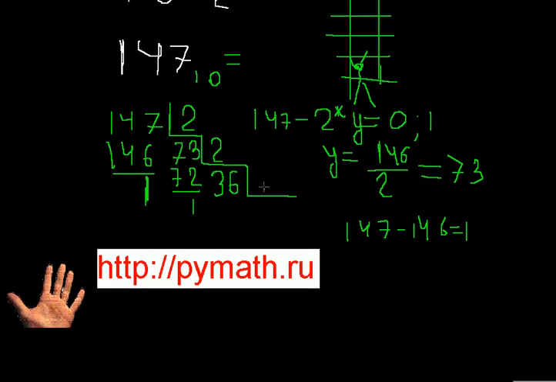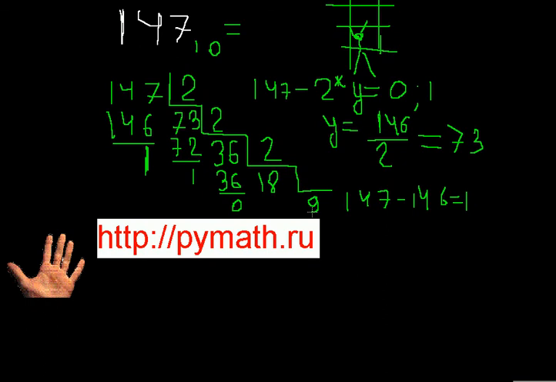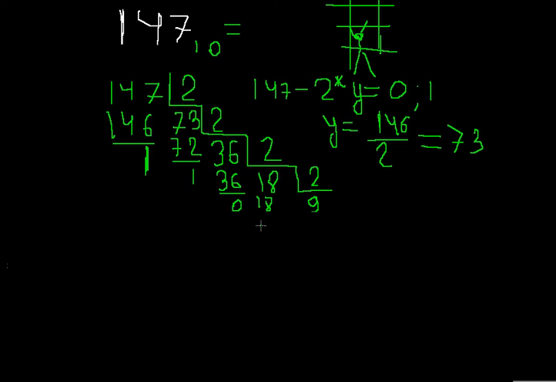The next step is the division of 36 by 2, and writing here 36, 0, and the number that can be realized from the division of 36 by 2 is 18. Let's repeat this process. 18, 0, and so on. 2, 8, 1.